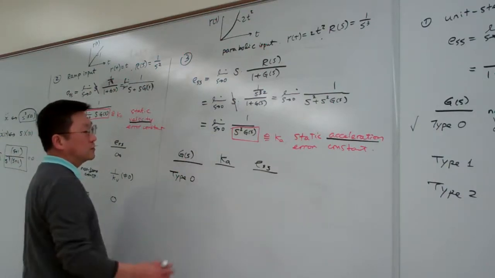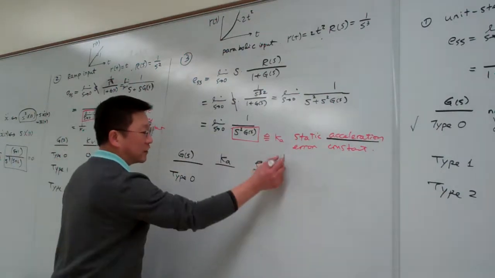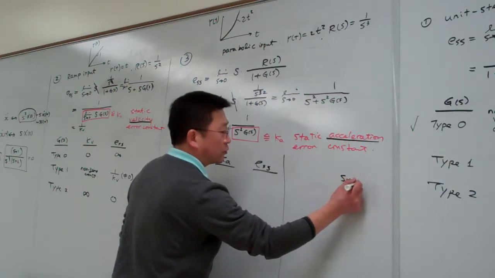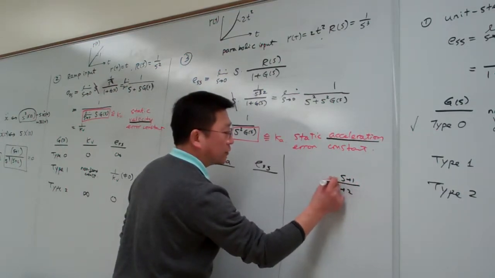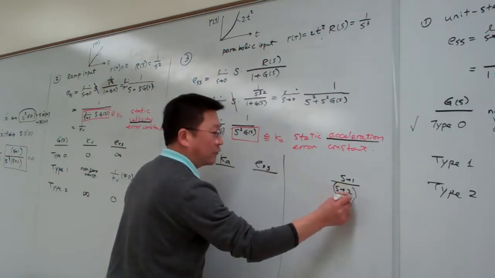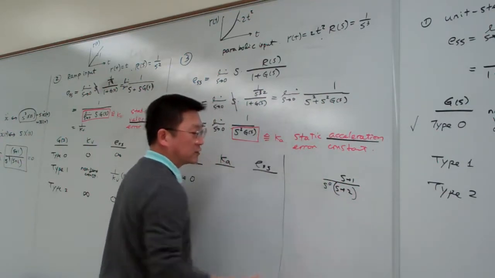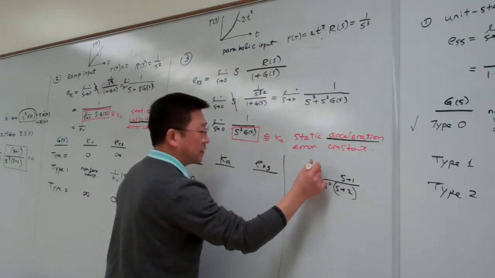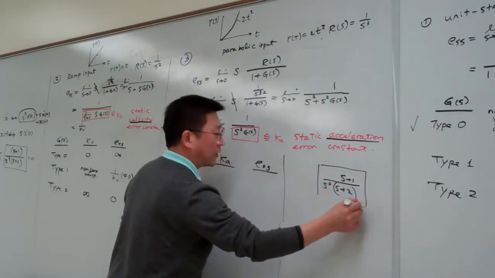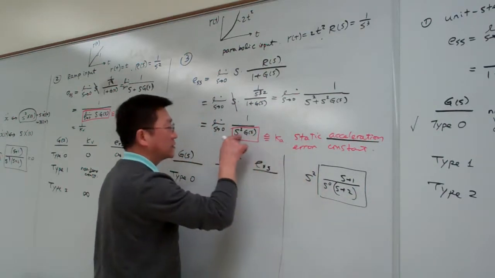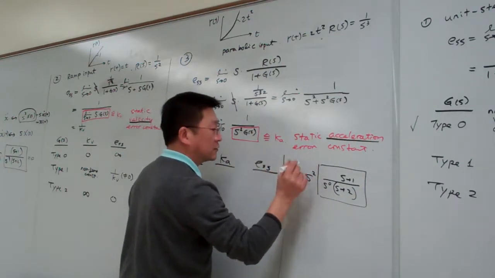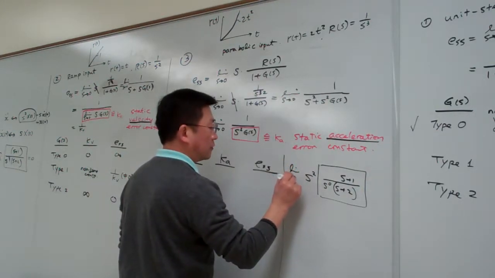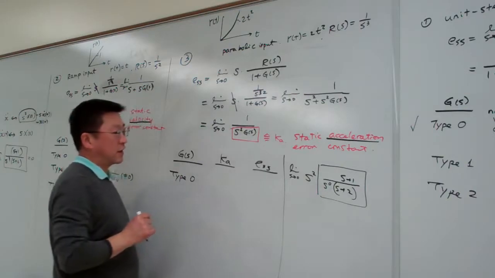So for Ka, let me do that calculation here. How about this? Let me assume GS equal to 1 over S plus 1 and S plus 2. Okay? So this is GS, and for a type 0 system it is S to the 0 here. And so that's GS, and let me box this one. So multiply by S squared here, and take the limit.